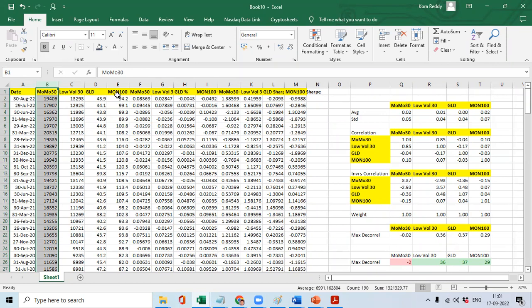The first step in constructing this max decorrelation portfolio or optimization is calculate the returns. Your returns are this month by last month.